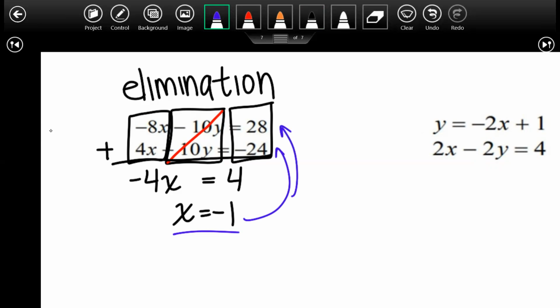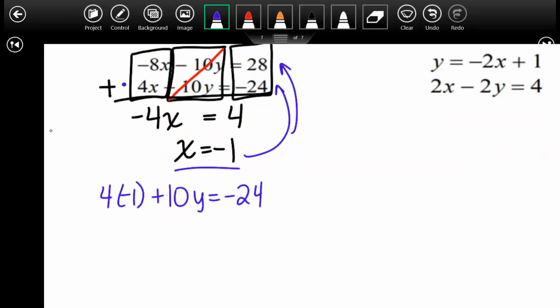I'm going to choose the bottom one. This is negative 4, so I'm going to add 4 to both sides.